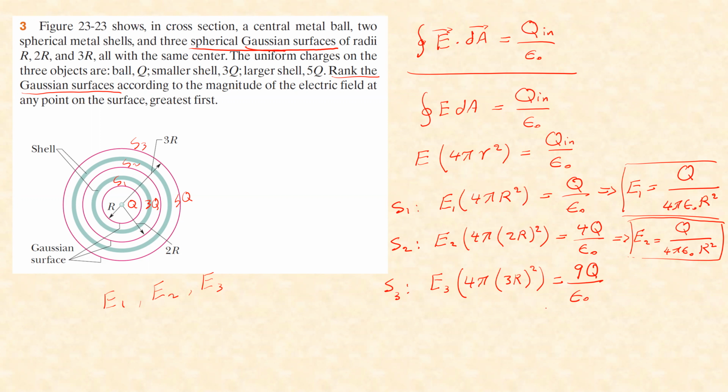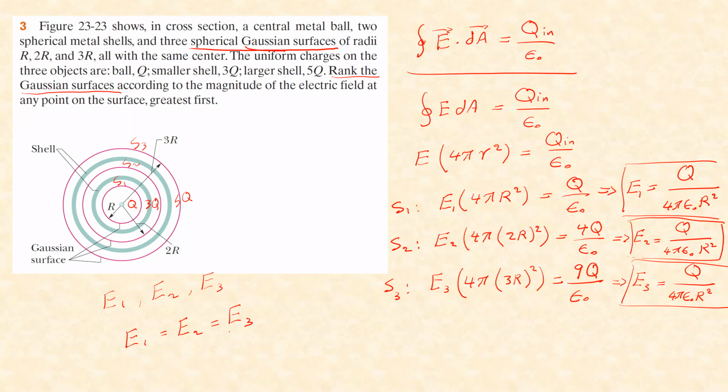Again, this 3 squared and 9 cancel out. You get E3 the same. Right? So they're all equal. E1 is equal to E2 is equal to E3.